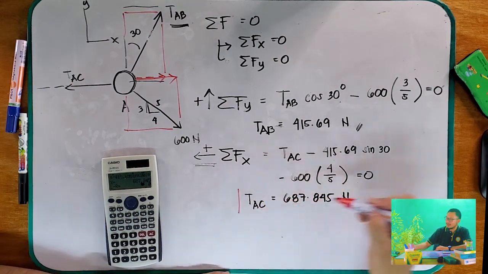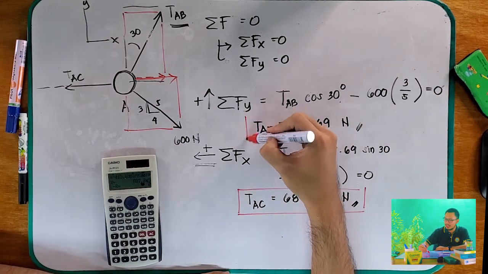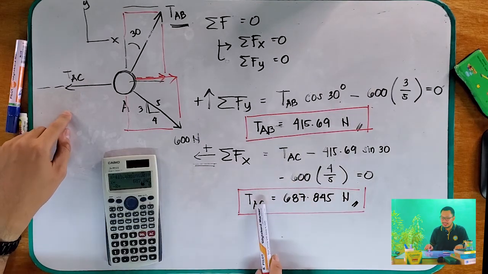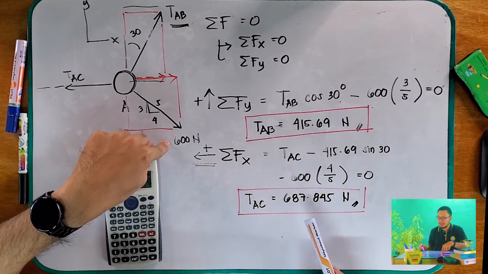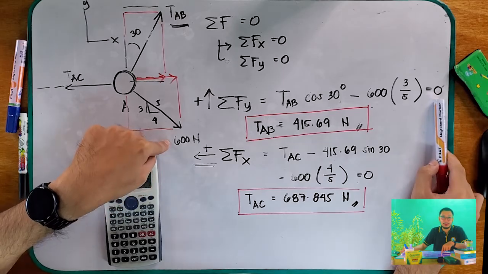So these are the magnitudes of the forces in our two cables. Okay? So if you sum TAB, TAC, and this 600 newton, their sum should equal 0.